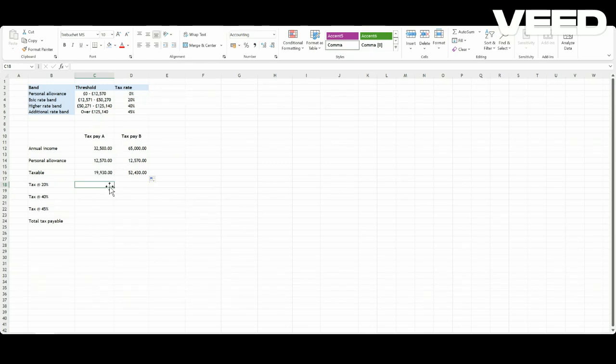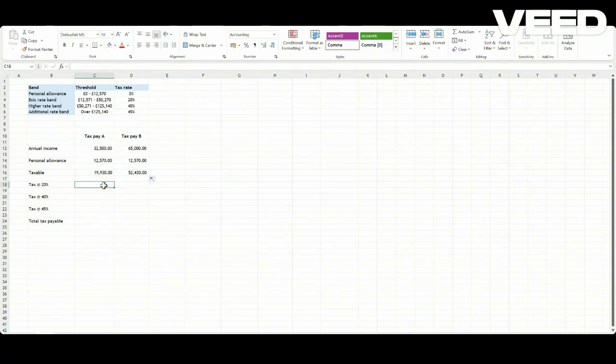To calculate this, we need to apply the 20% rate to the income of taxpayer A, but we do not apply the 20% to the whole annual income, which is 32,500, but only to the income above the personal allowance, which is our 19,930.